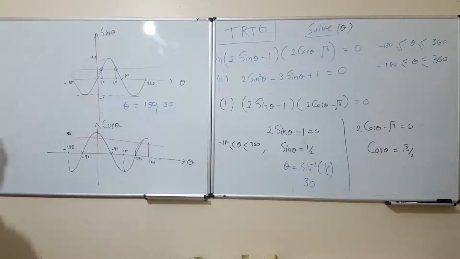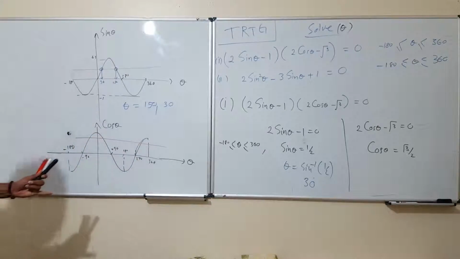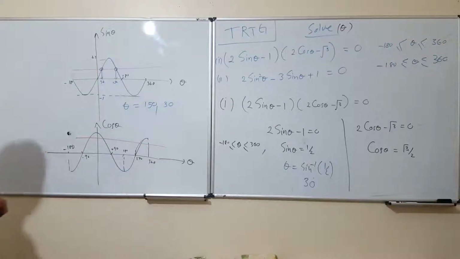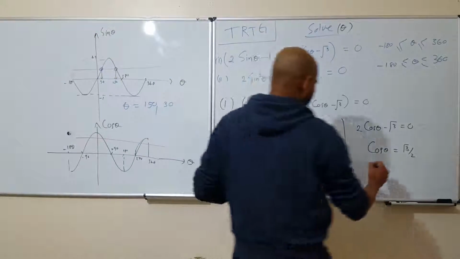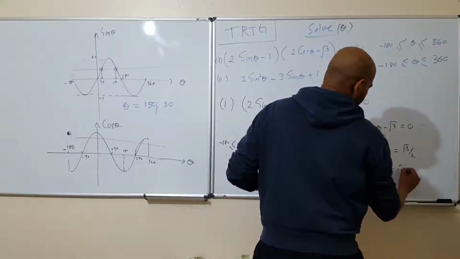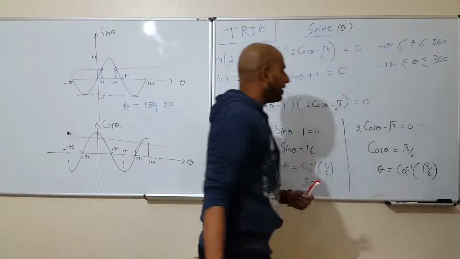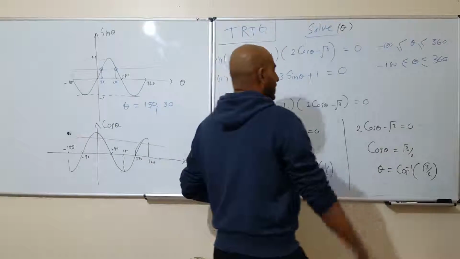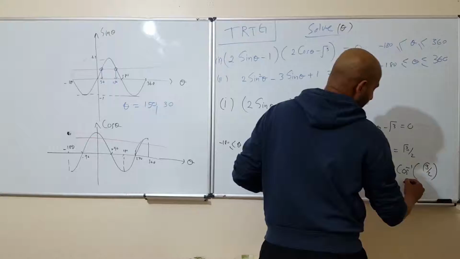You don't need to calibrate it, you just have to be sensible. If you use a calculator, theta equals cos inverse root 3 over 2, we're going to get 30 degrees.